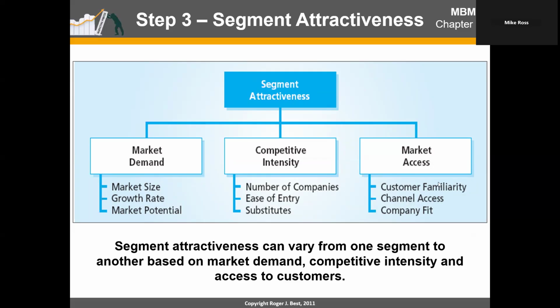And then market access. So if we take, for example, luxury all inclusives, we were on that thread. We might say, well, is that a big market? Yeah, it's a big market, a lot of opportunity. Are there a lot of companies? I think so.